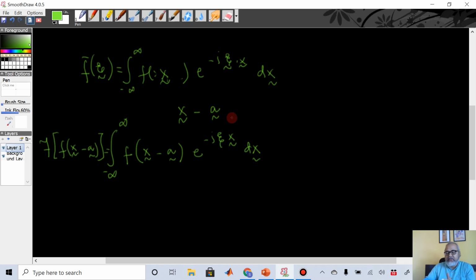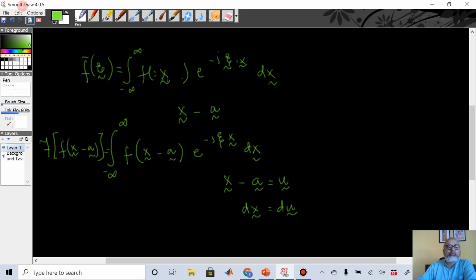So for 1D it's just a scalar, for 2D it's a two-dimensional vector, and a three-dimensional vector in 3D. So now you can do the same thing exactly as we did for the one-dimensional integral. x minus a is equal to u, another vector, so dx would be equal to du, and the result follows. You can try it out yourself.